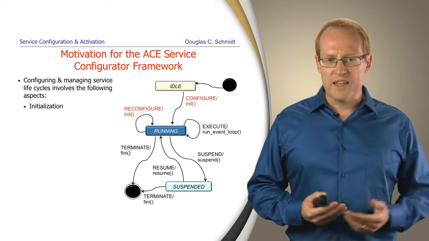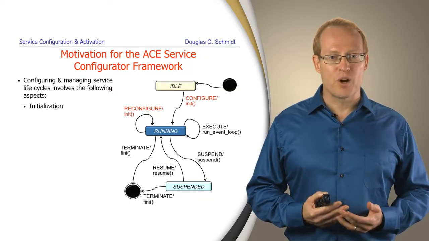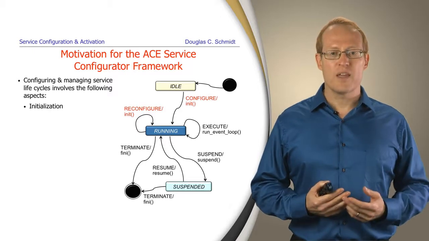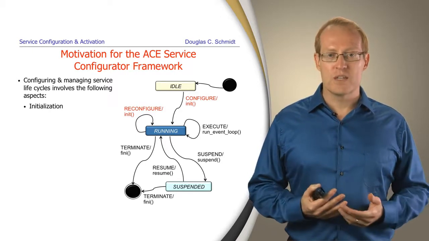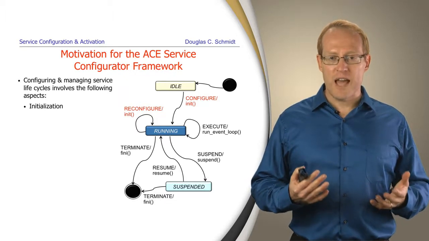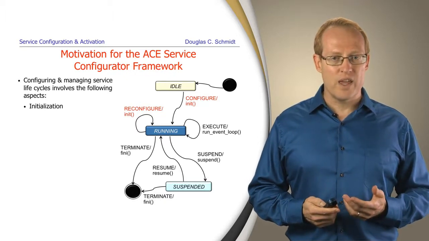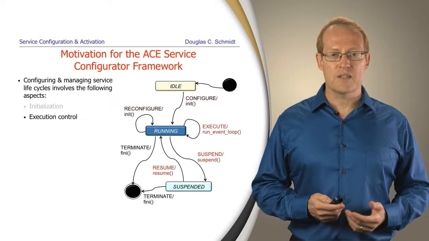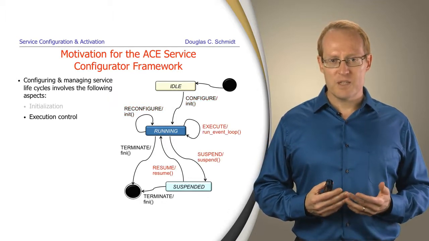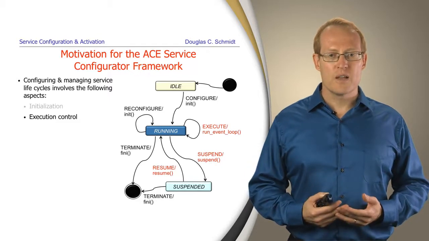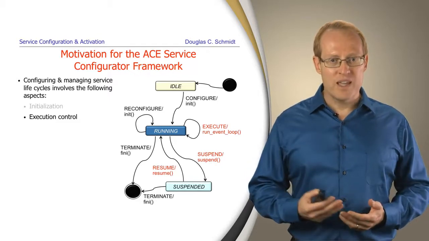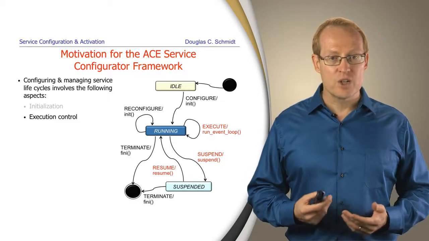So let's motivate the need and the way in which this framework is going to act to begin with. Capturing and managing the life cycles of services involve a number of different aspects. It involves dealing with initialization aspects. It involves dealing with aspects having to do with execution control, running event loops, suspending, resuming services under various conditions, and so on.